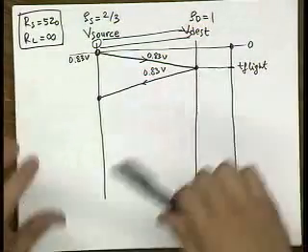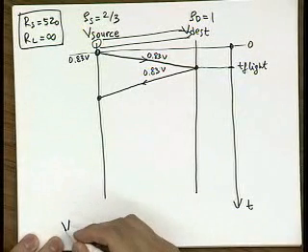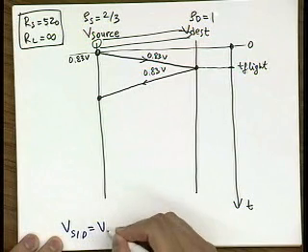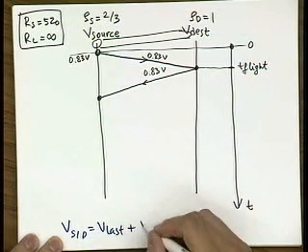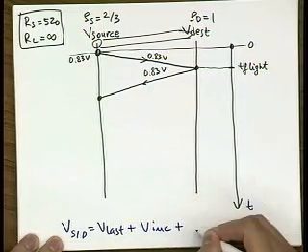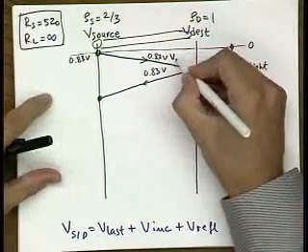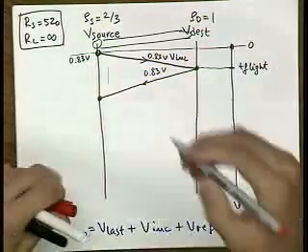Now, the value at this node is, remember this formula, so basically you have either source or destination is equal to the previous or last value plus incident plus reflected. So now this is your VINC, and let's use another color.